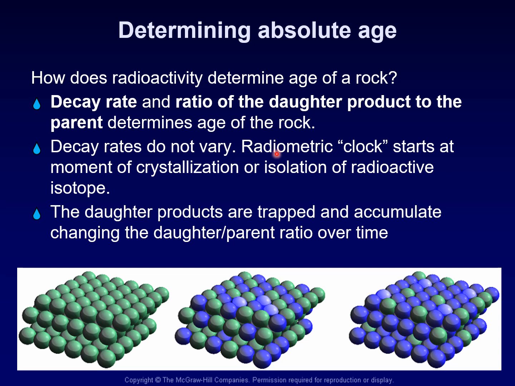And the radiometric clock starts at the moment of crystallization, the moment that mineral forms, right? Whatever mineral has uranium in it, like uraninite or zircon. The moment that cools and crystallizes, that clock starts. That uranium starts to decay, right? This can also happen in metamorphic rocks.